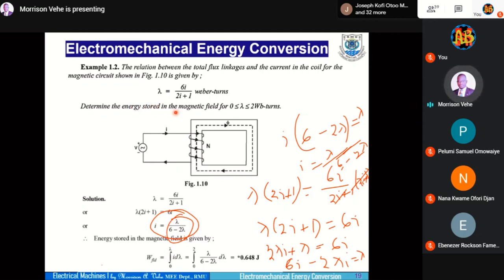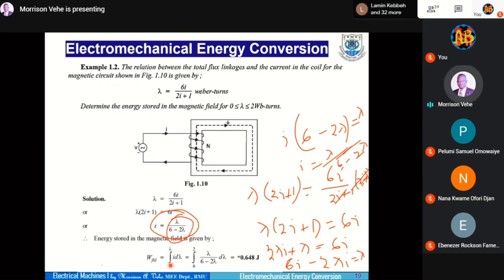We should determine the energy stored, from 0 to a certain value of lambda. So we have to integrate the current component of the relation, and that is the energy.